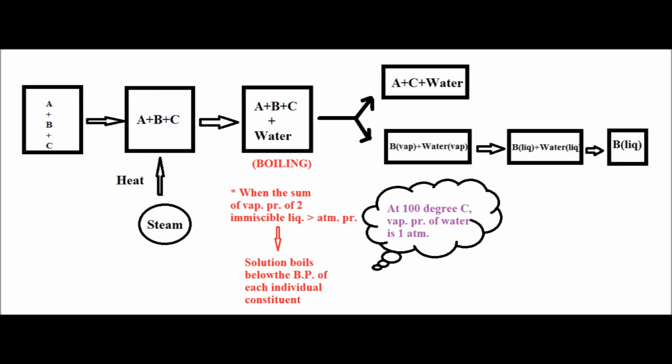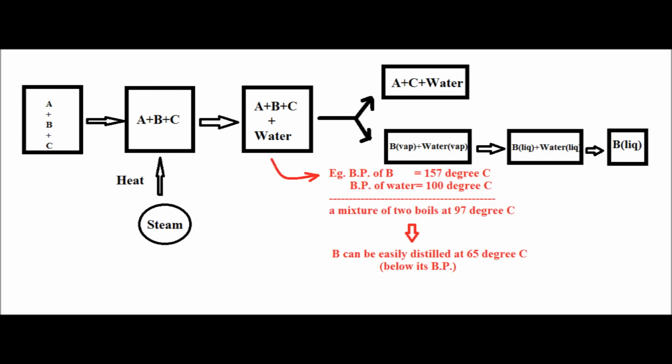In this way, many organic compounds insoluble in water can be purified at a temperature well below the point at which decomposition occurs. For example, the boiling point of B is 157 degrees Celsius and that of water is 100 degrees Celsius. So, from the fact we learned, a mixture of the two will boil at 97 degrees Celsius, which is well below the boiling point of each component, B and water.